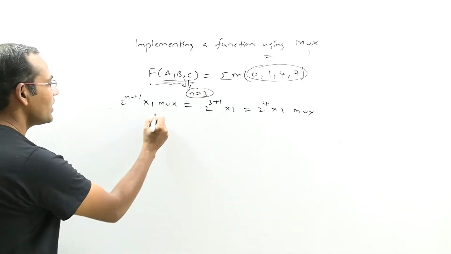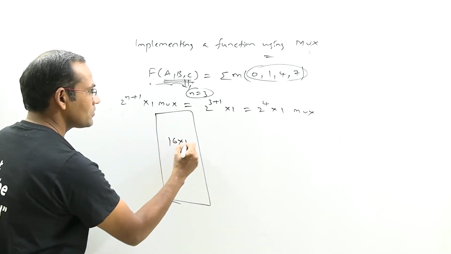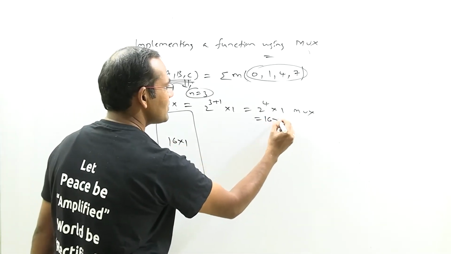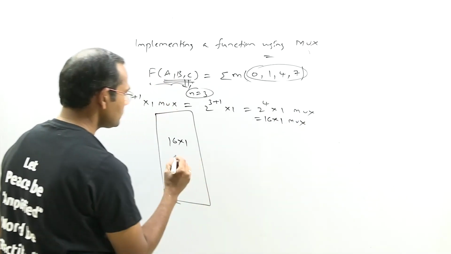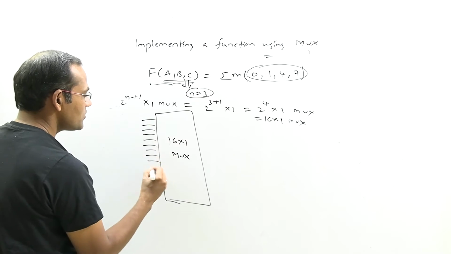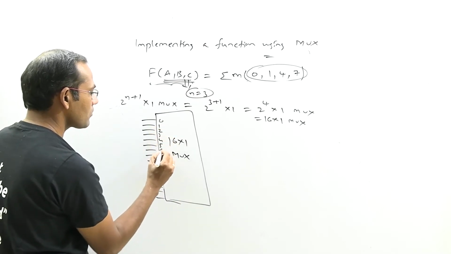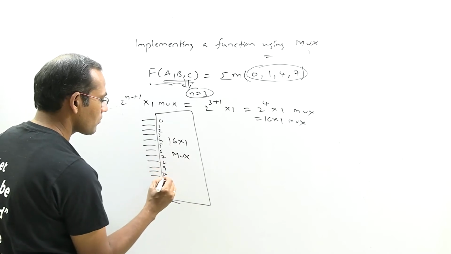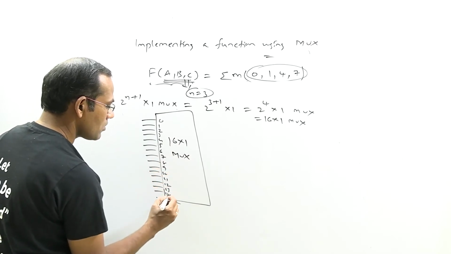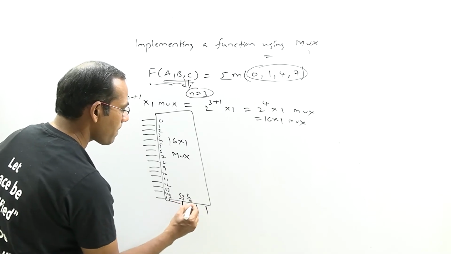So take a 16 by 1 mux. 2 power 4 means 16. So 16 inputs will be there, and four selection variables.